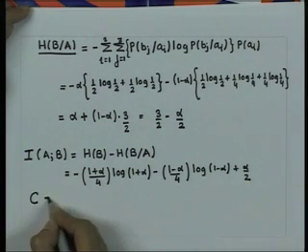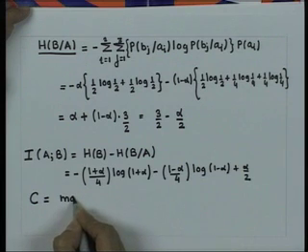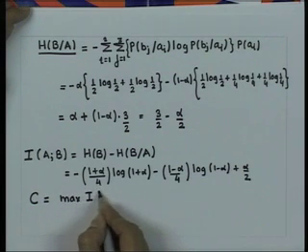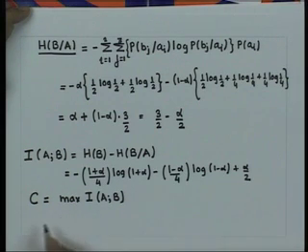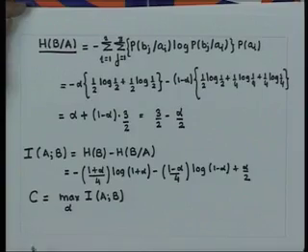Now, channel capacity is the maximum of I(A;B) over P(Ai), which is equivalent to the maximum over alpha.